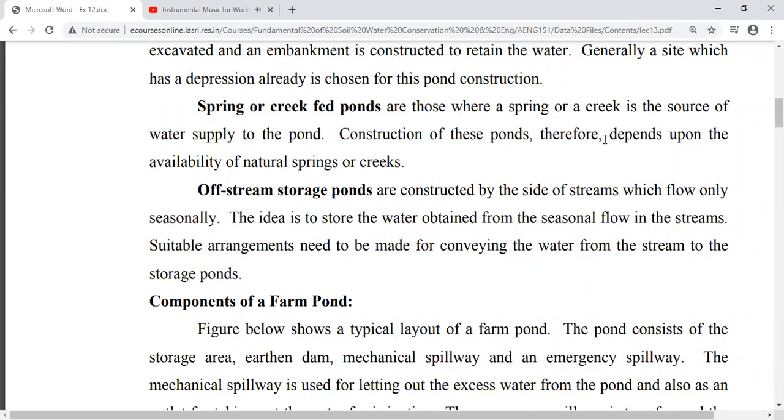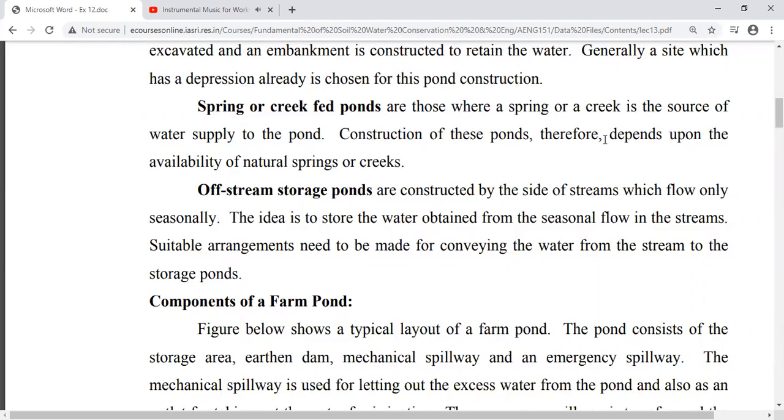Upstream storage ponds are constructed by the sides of streams which flow only seasonally. The idea is to store the water obtained from the seasonal flow in the streams. Suitable arrangements need to be made for conveying the water from the stream to the storage ponds.